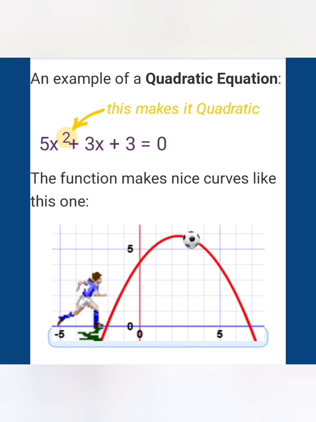For various values of x, you get a graph as shown in this figure. So you get a parabola curve. It is an inverted parabola that it looks like for this equation. So it is a graphical representation of the quadratic equation. It looks nice.